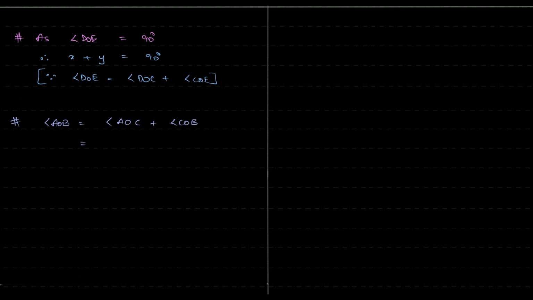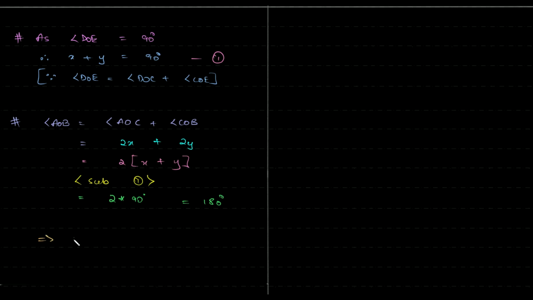AOC we already call it as 2x, so let's substitute 2x, and this is 2y. So what is common between these two terms? 2 is common, and what is left out? x plus y. But what is x plus y from equation 1? So when we substitute, we have 2 into 90 degrees, which is 180 degrees, right?